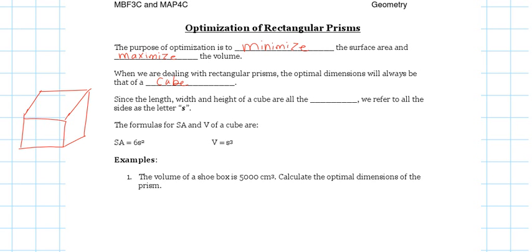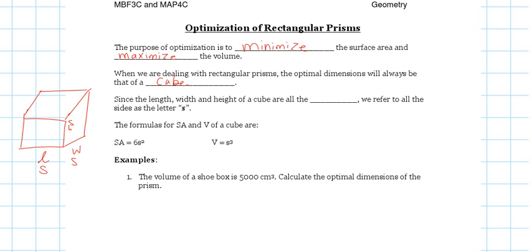No, because they're all the same. I can use the same letter for all three of them. So instead of L, W, and H, I can use S, S, and S, or A, A, and A, or whatever. It's the same thing, because my length, my width, and the height are exactly the same. Do you guys understand that part?